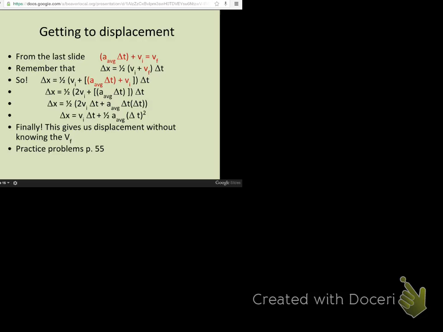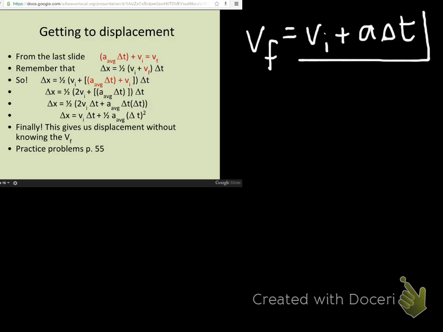Okay, so you have to remember what we just had on the last slide. V final, velocity final, is equal to v initial plus a delta t. Great. Well, if this is all equal to velocity final, it seems to me we've seen that someplace else before.